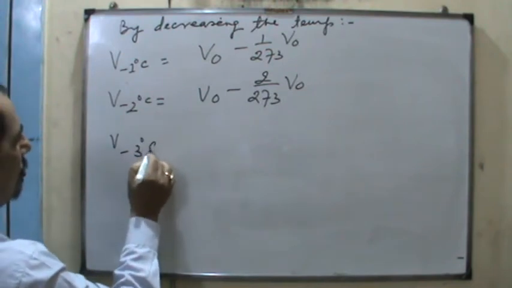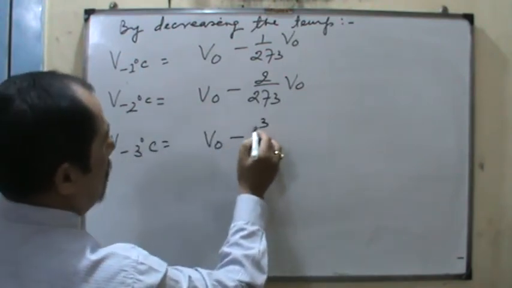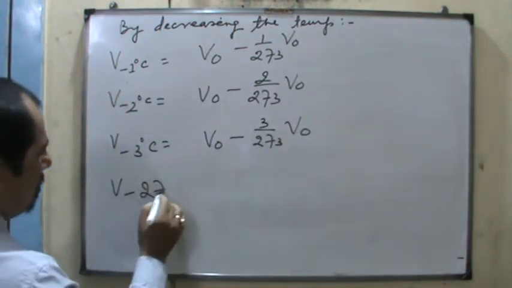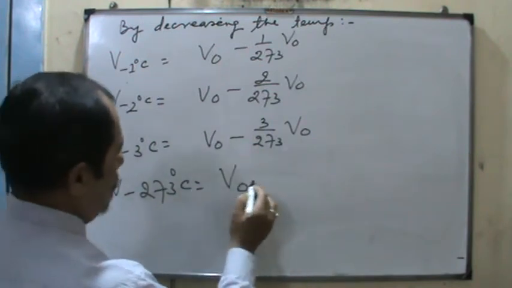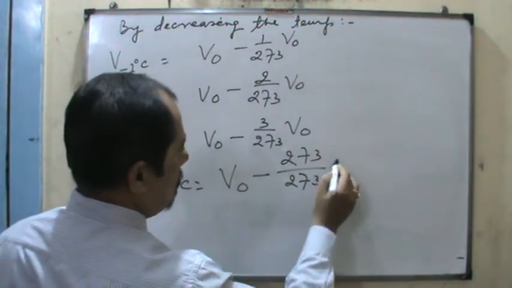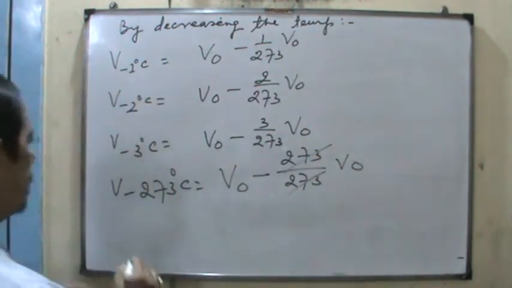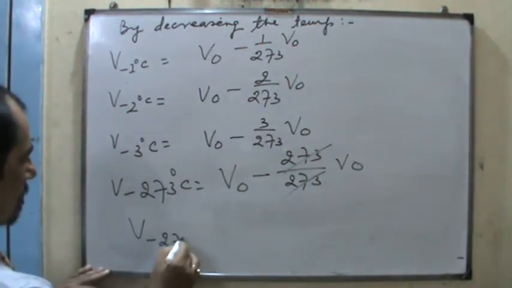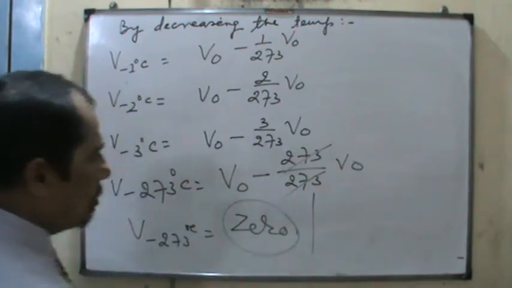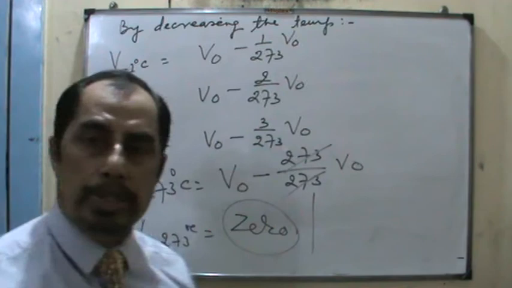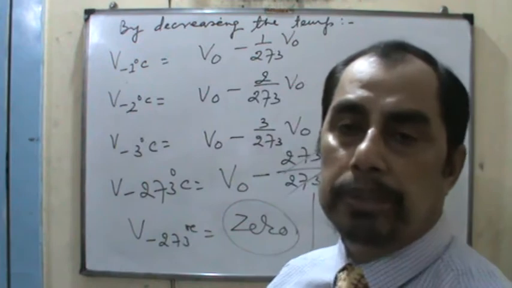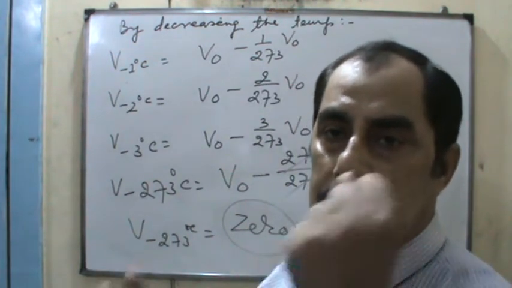V at minus 3 degrees Celsius is equal to V0 minus 3 upon 273 V0. V at minus 273 degrees Celsius is equal to V0 minus 273 upon 273 V0, and this cancels out. So the volume at minus 273 degrees Celsius is equal to 0. What is your conclusion?